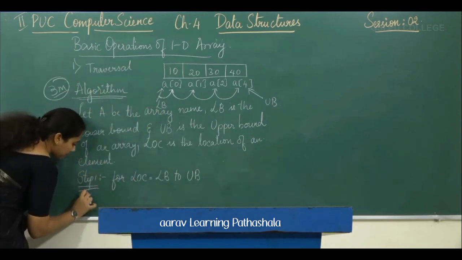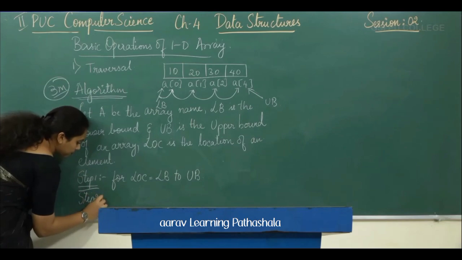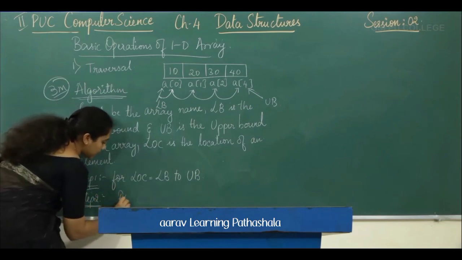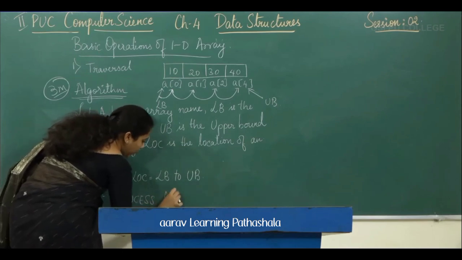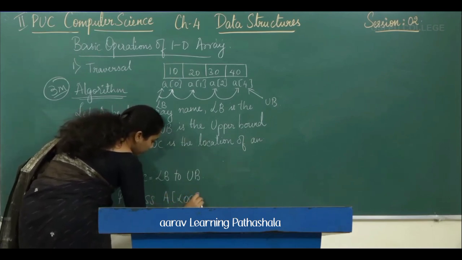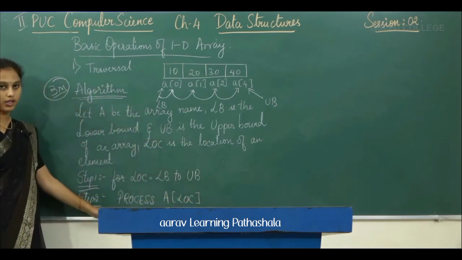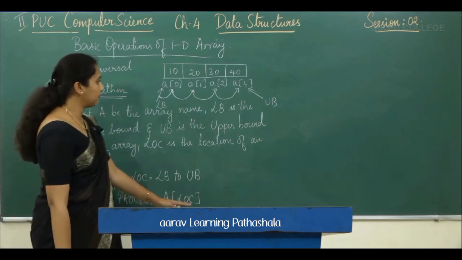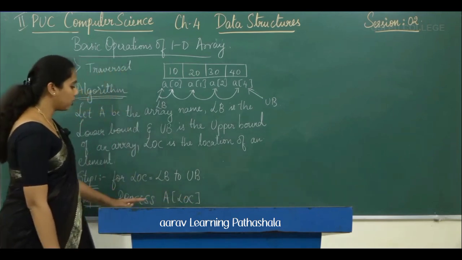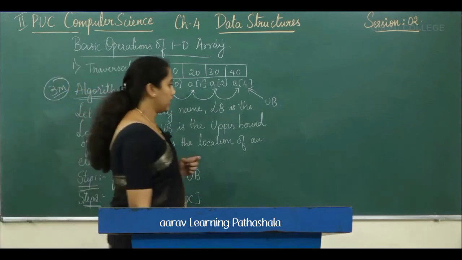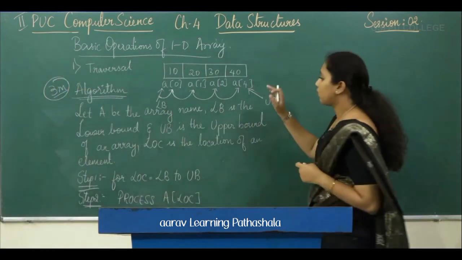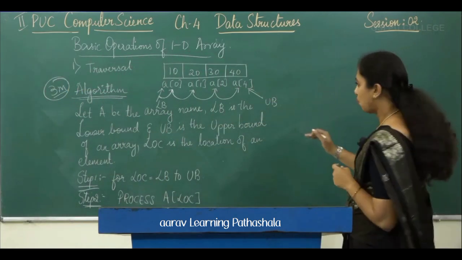Step 2. What is step 2? Process A of location. By visiting each location of the element in an array, we are processing the location. We are visiting each element of an array exactly once.